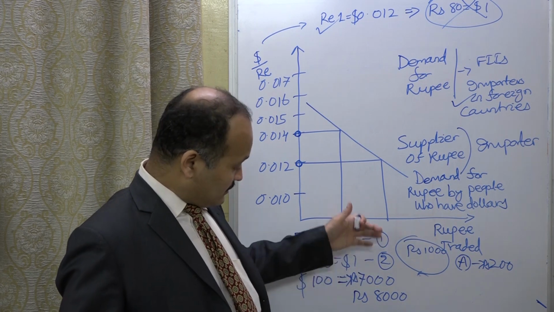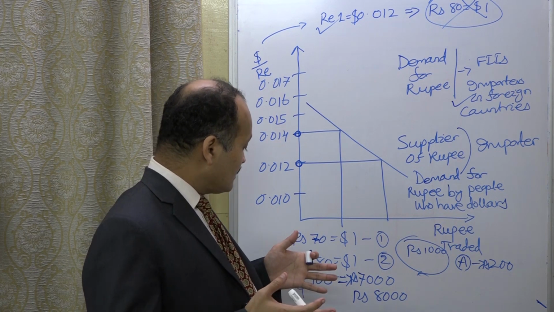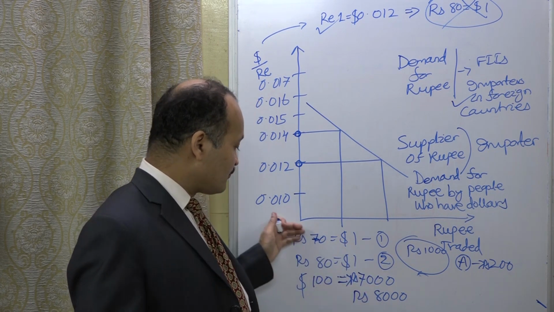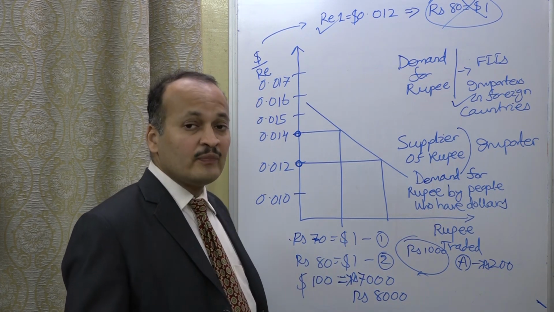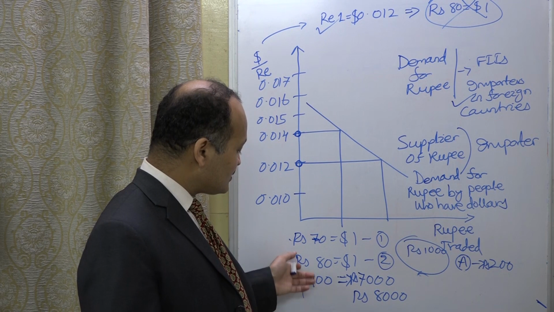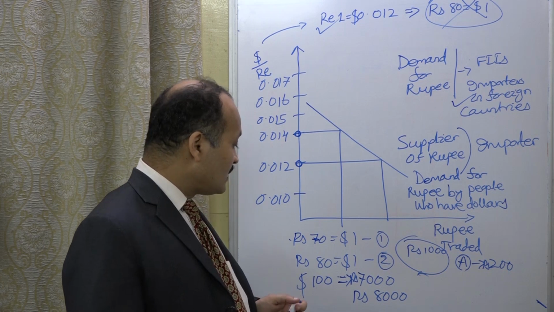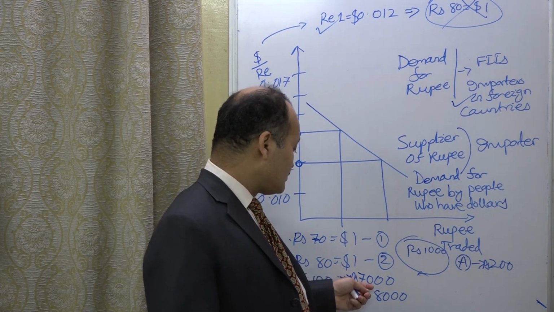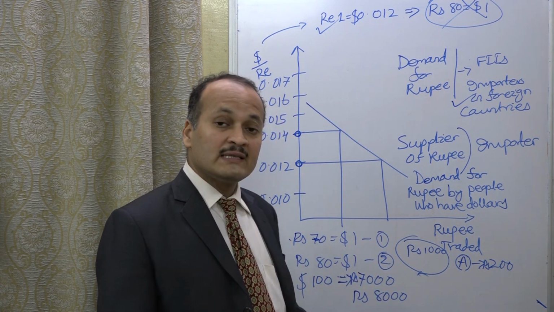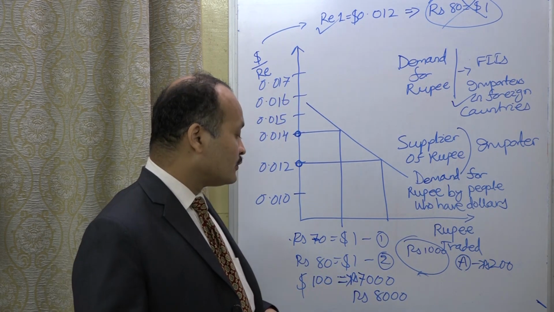Because I require more rupees when the exchange rate is depreciating, I would be rather reluctant to import more when the exchange rate is at a depreciated level or at a lower level. If the exchange rate were say 70 or say 60, I could get the same $100 worth of toys by arranging relatively lesser amount of rupees.